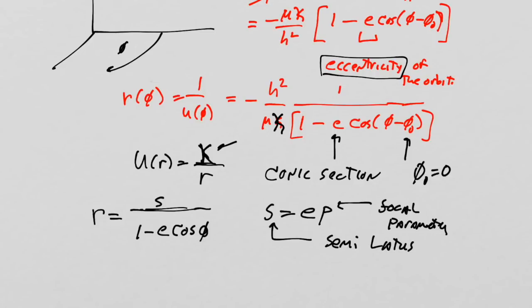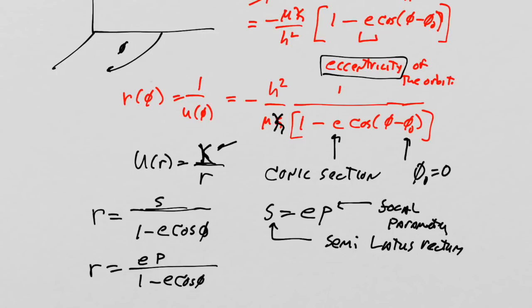I'm not going to go into all of this in super crazy detail right now, because this is just elementary geometry, but I want you to make the connection between all of these things. So r could be e P over 1 minus e cosine phi. That's another way of seeing r.